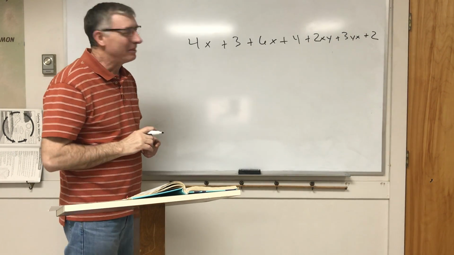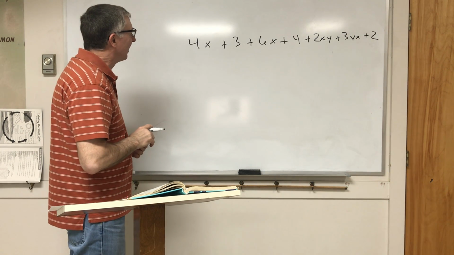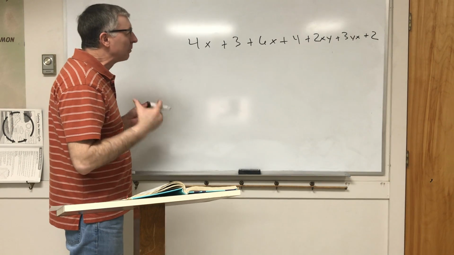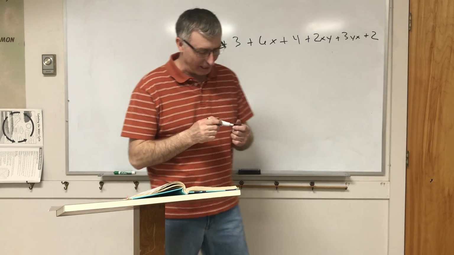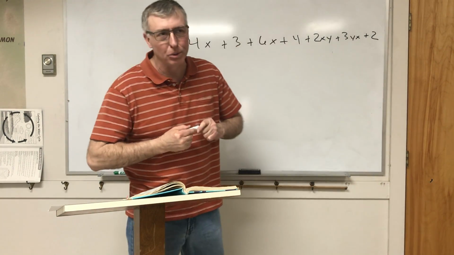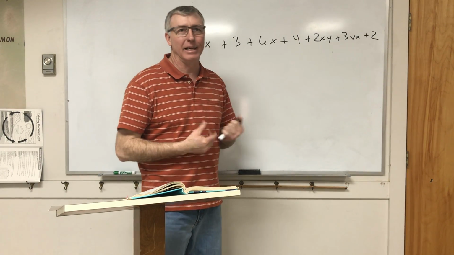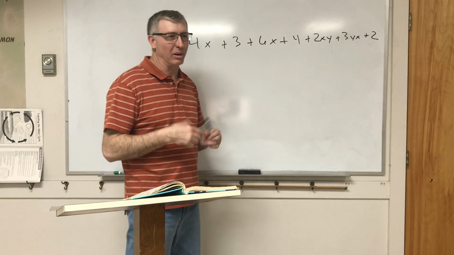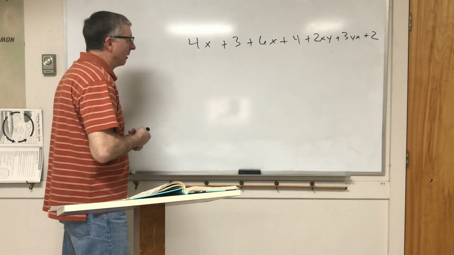This is really cool. So let's figure out what our like terms are here. Again, I would probably go in alphabetical order. Again, that's not a hard and fast rule. I would just say it might be a little bit easier or more efficient way to do it. It's up to you.